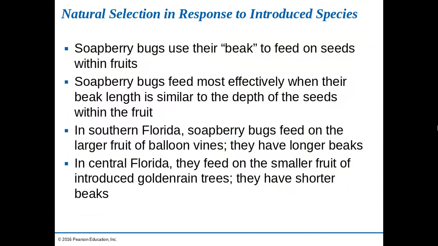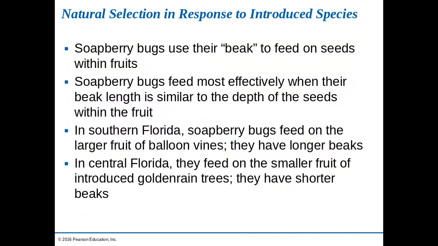And they usually can eat the best when their beak length is similar to the depth of the seeds in the fruit. So if you have to go far into the fruit, a longer beak is better. If you have to go less deep into the fruit, a shorter beak is better. So in southern Florida, where there's soapberry bugs that eat larger fruit from balloon vines, those soapberry bugs in southern Florida have longer beaks.